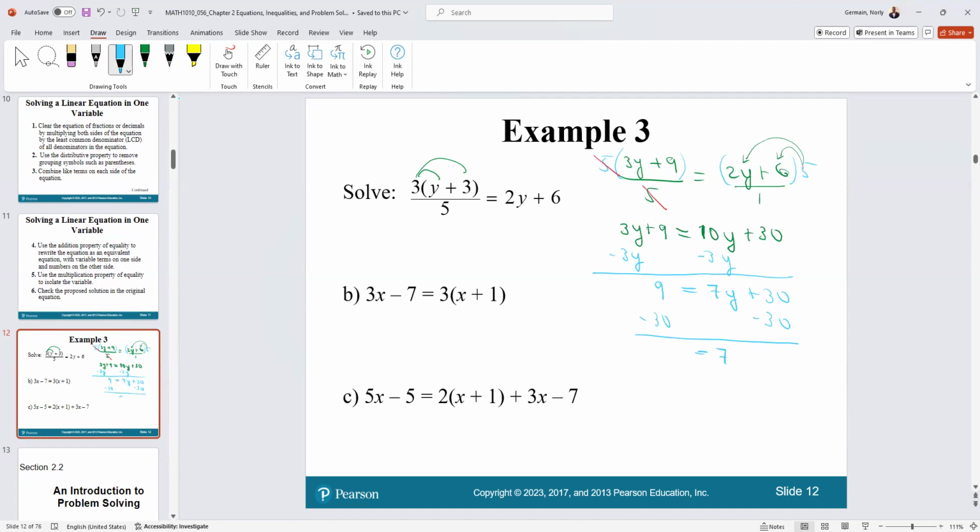So our 7y on the left gives us what? Yes, negative 21. Now, when we divide both sides by 7, we end up having y equal negative 3. That you can leave like this, or you can write it y equal negative 3. Answer would be the same, okay?